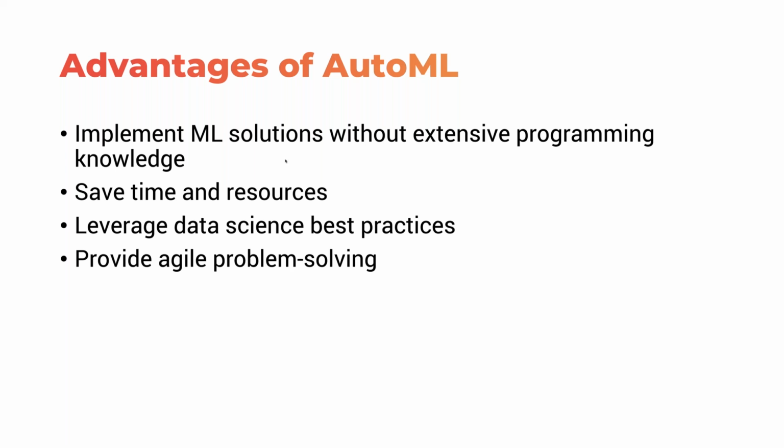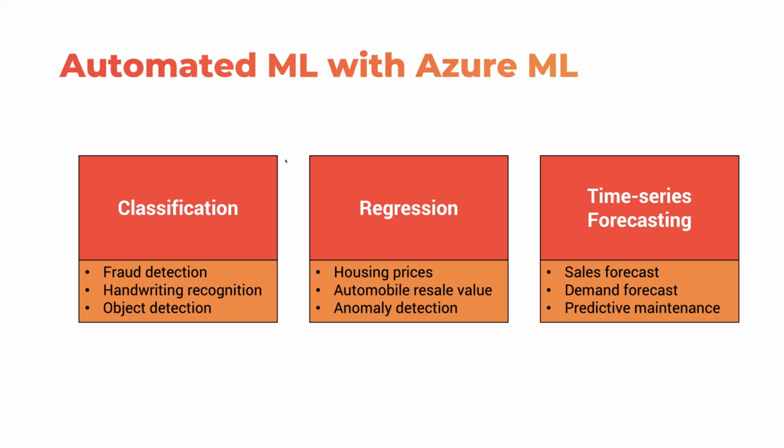Obviously, Microsoft is one of the pioneers when it comes to machine learning and developer tools. And when they launched AutoML with Azure, they focused on three aspects. One is classification. Classification is a very common problem in machine learning. Some of the examples include fraud detection. For example, every time a credit card is swiped, you can detect whether it is a legitimate transaction or a fraud transaction, and that is a simple classification.